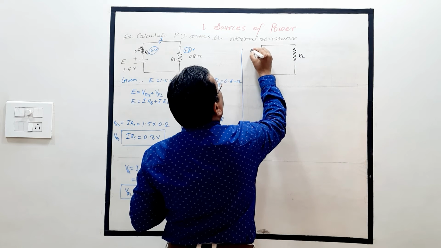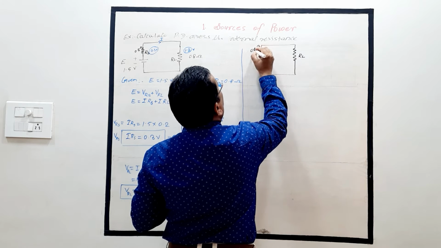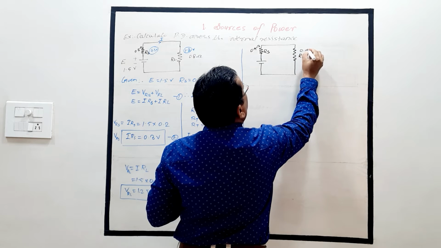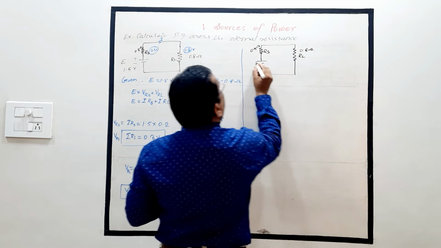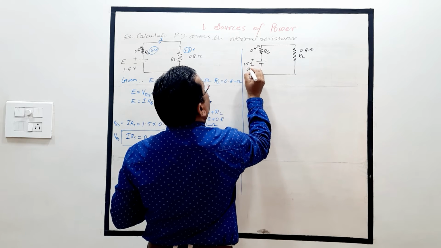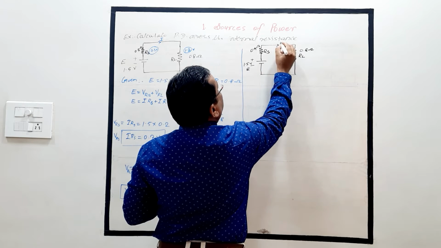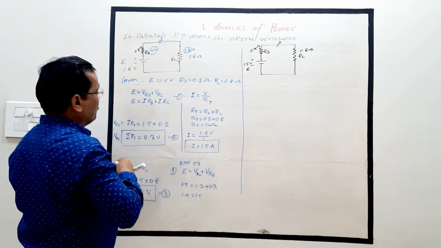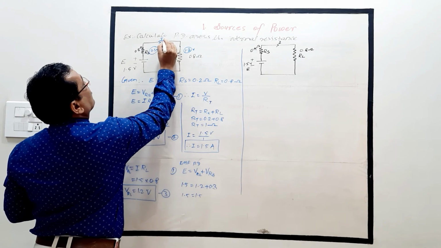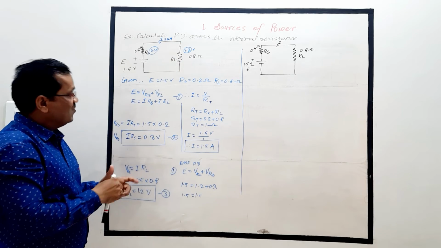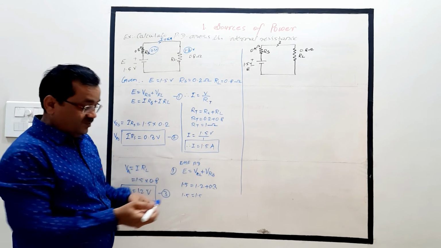RS has a value of 0.5 ohm now, and RL is the same 0.8, with 1.5 volt E. Current flowing through the circuit is I.